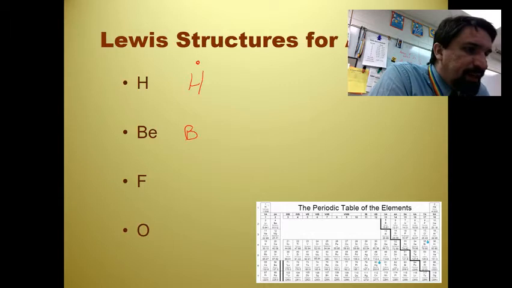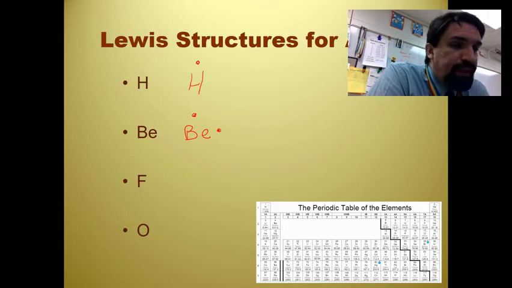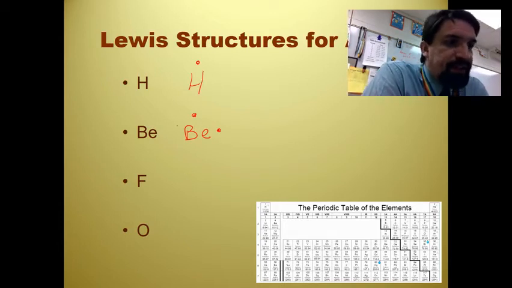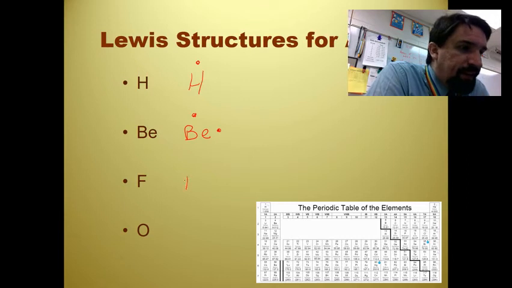So beryllium can be represented in this way. We got the 2 electrons. Notice we don't really pair up the electrons until we have enough. And that's one of the things that Lewis has in his model.